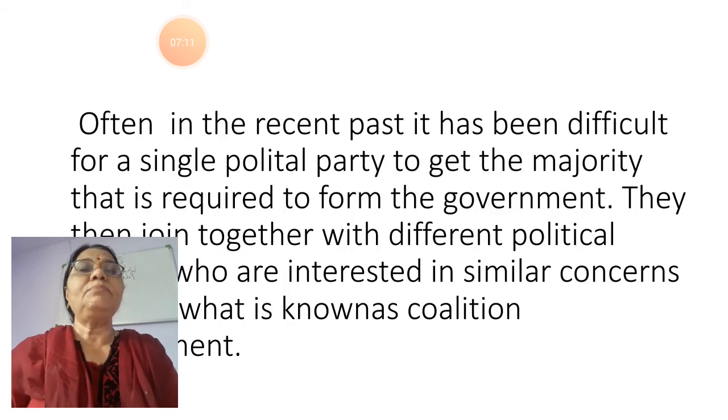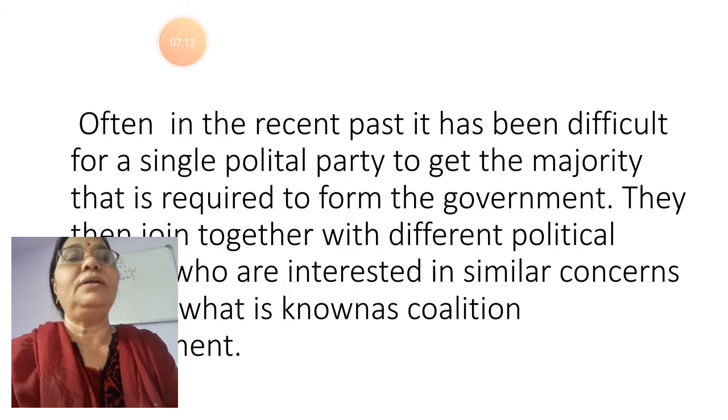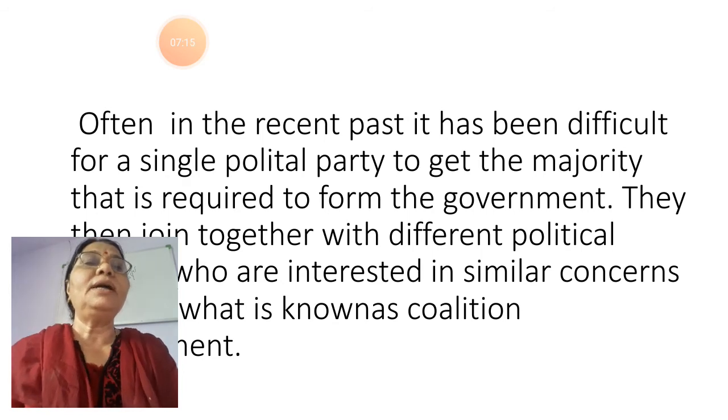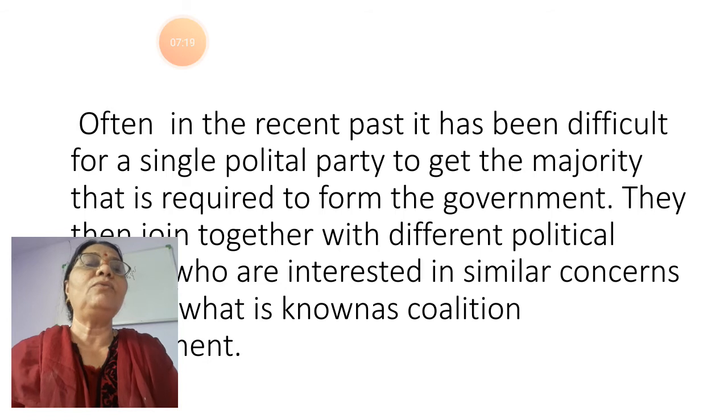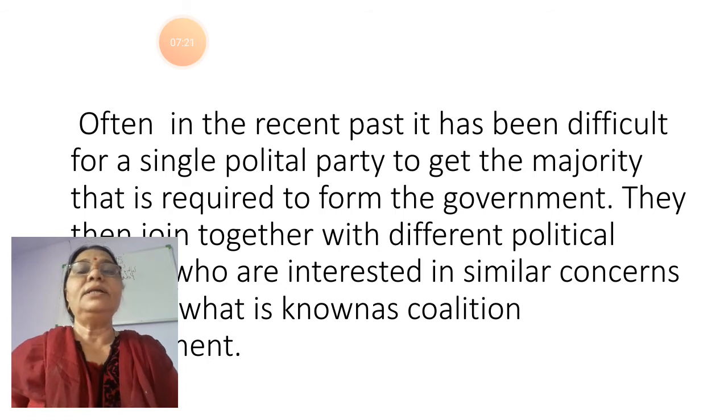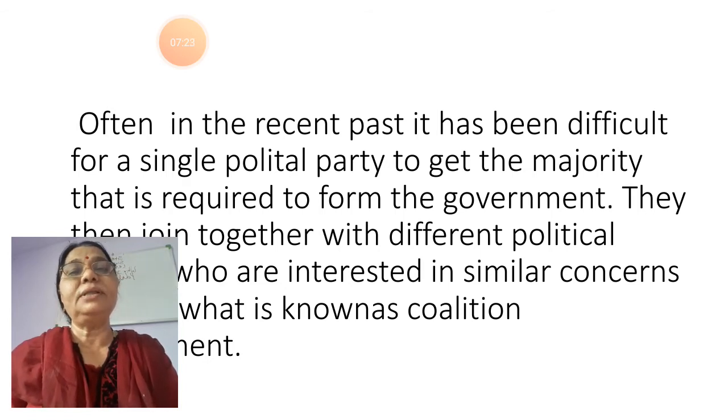Often in the recent past, it has been difficult for a single political party to get the majority that is required to form the government. Now in the recent past, it has happened that not a single party got the majority of votes. And at that time, how does the government have to be made?